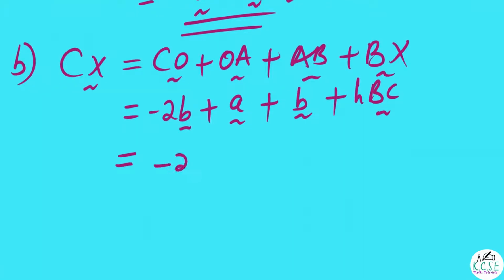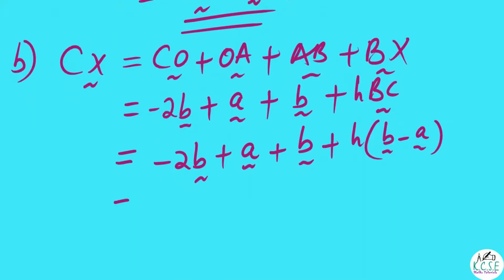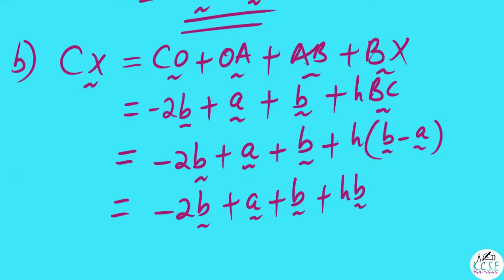So this gives negative 2B plus A plus B plus HBC. We have already calculated BC in the previous part, B minus A. So we open this bracket: negative 2B plus A plus B plus HB minus HA.